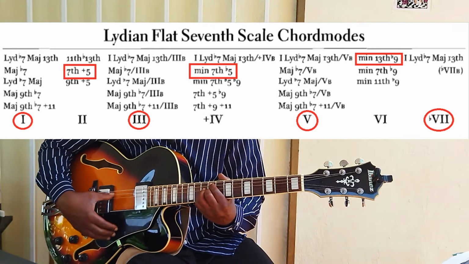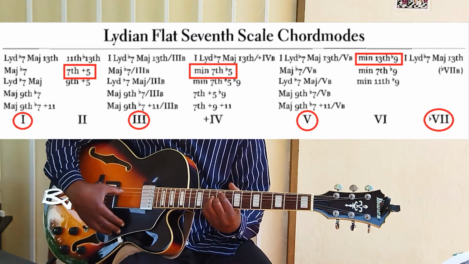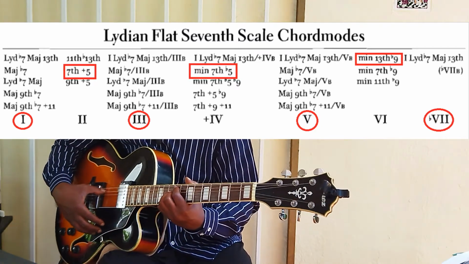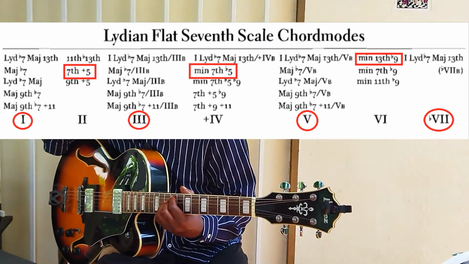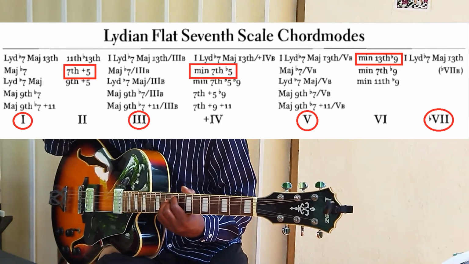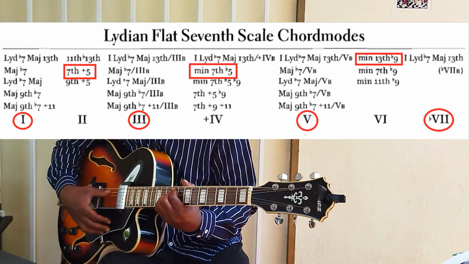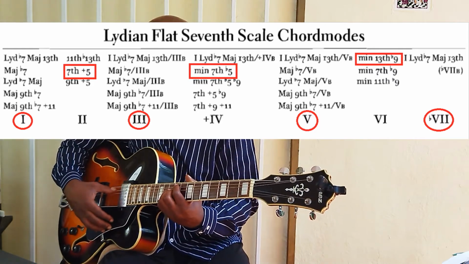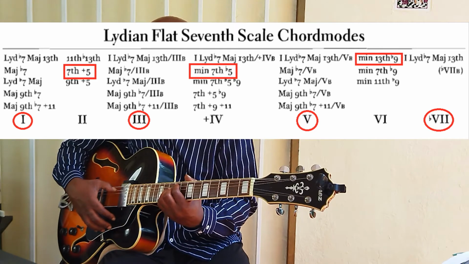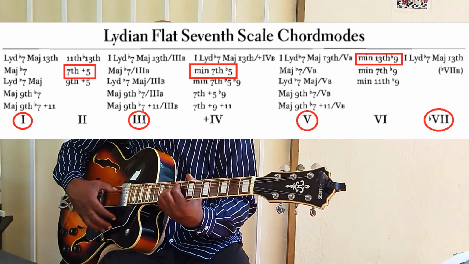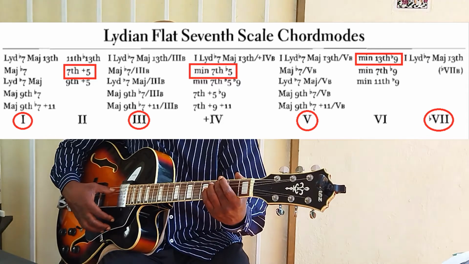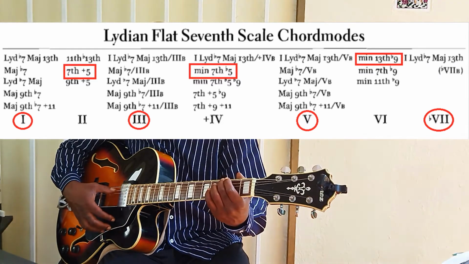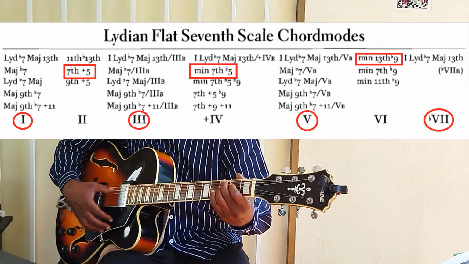And then we come to the 5th degree. Now, the 5th degree, it says that, again, we can use the 1 chords over the 5 bass, which means we have 5, which is G at the bass.